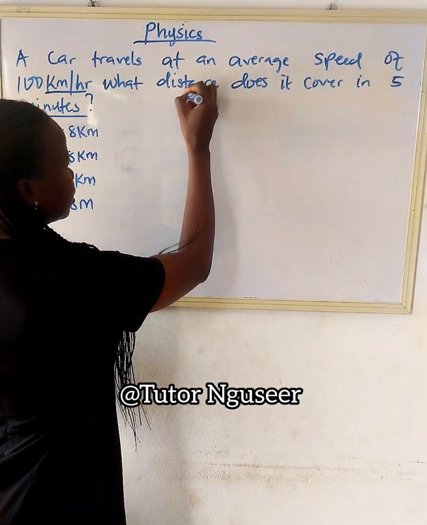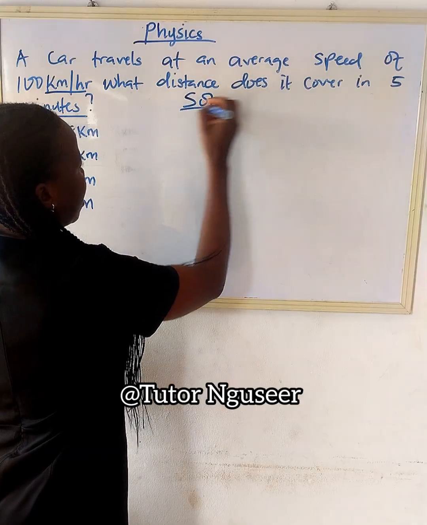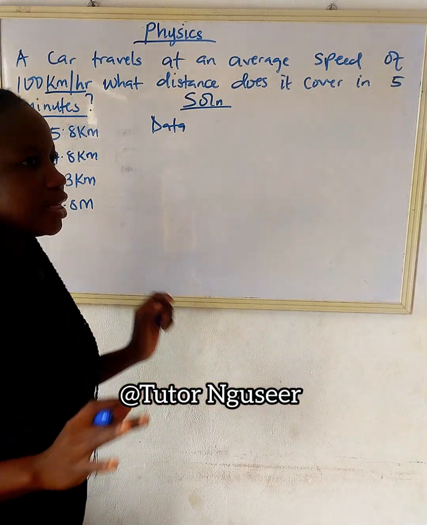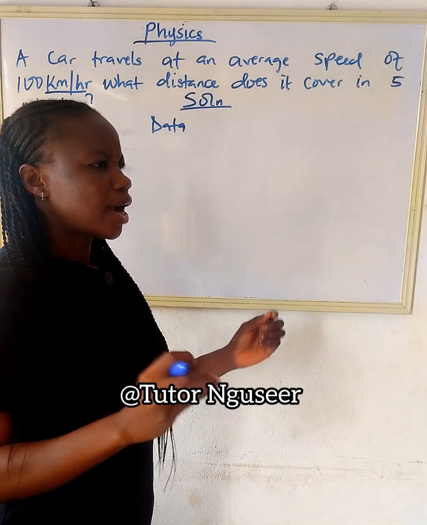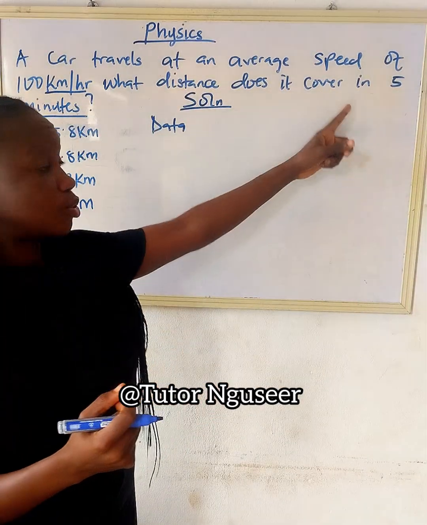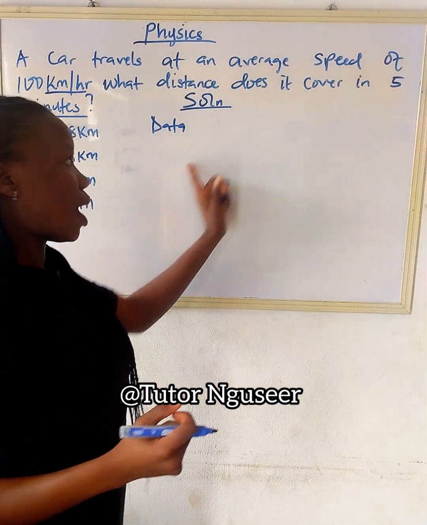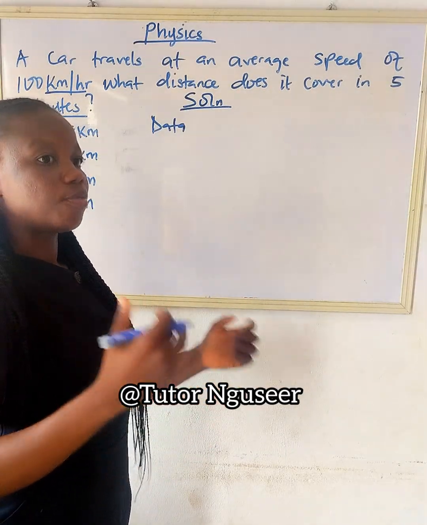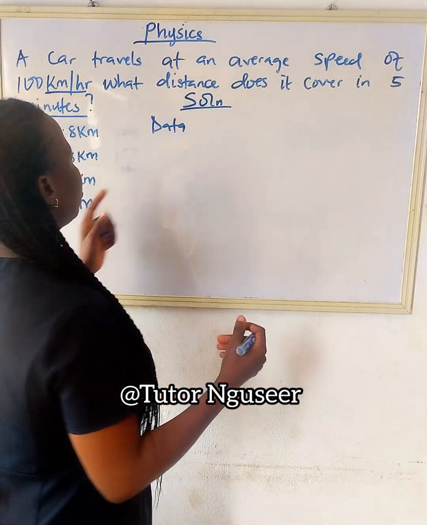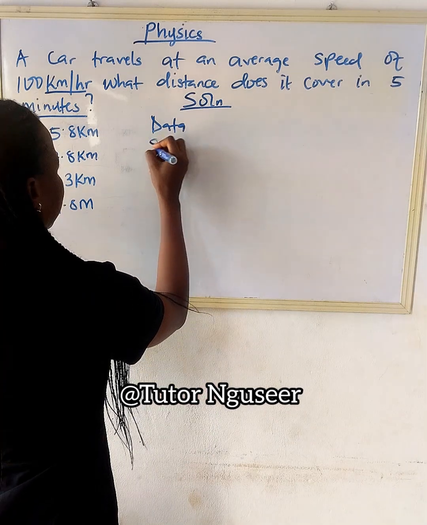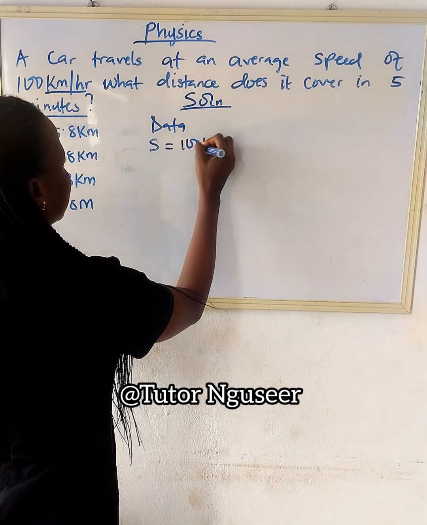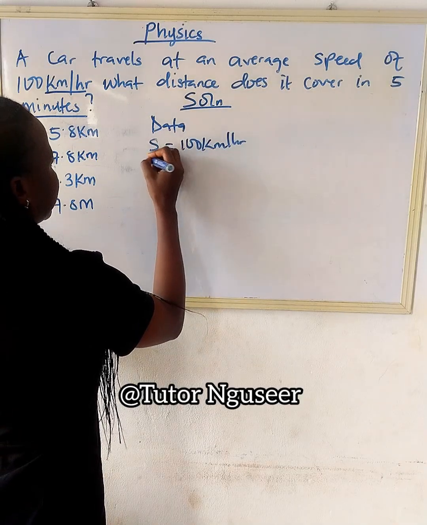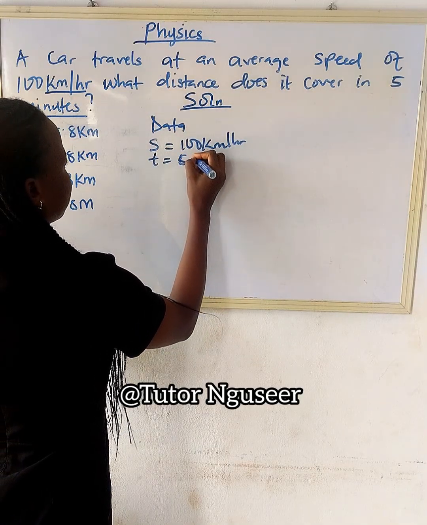The first thing is you write your solution and then your data. When I say data, identify and extract those values in the question that you're given, so that you know what you've been given and what you're to find. So I can identify my speed is equal to 100 km per hour. I can also identify my time, which is 5 minutes.